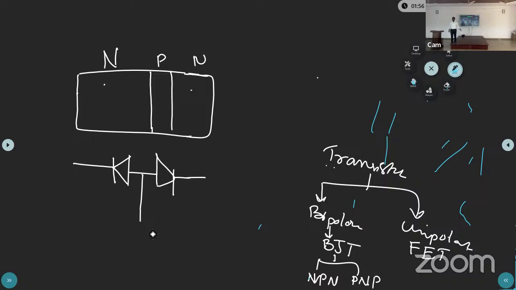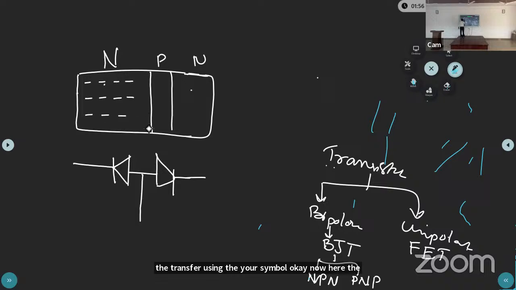This is the equivalent circuit using the diode symbol, the transistor using the diode symbol. Here the charge carriers are electrons, and here also the charge carriers are electrons.